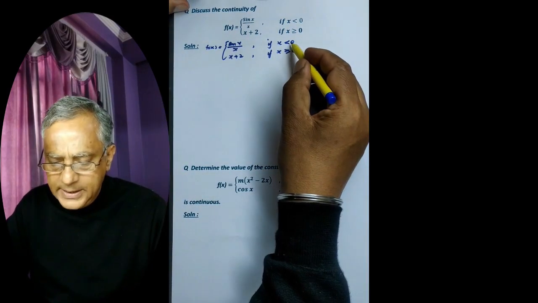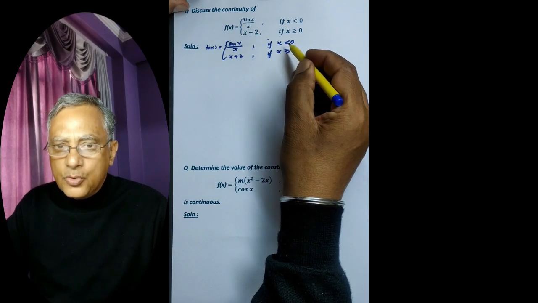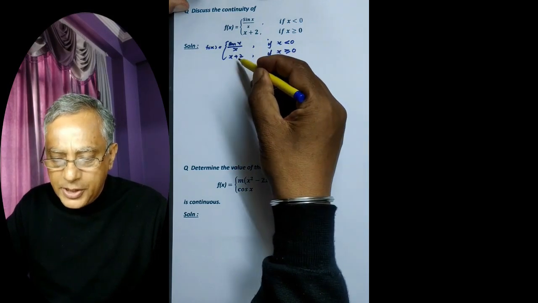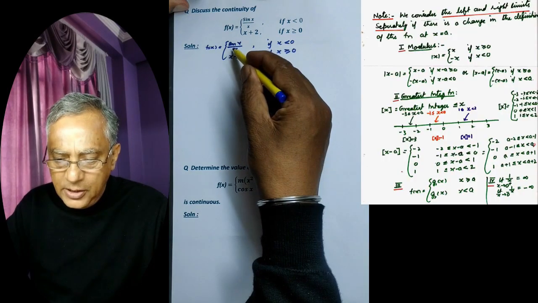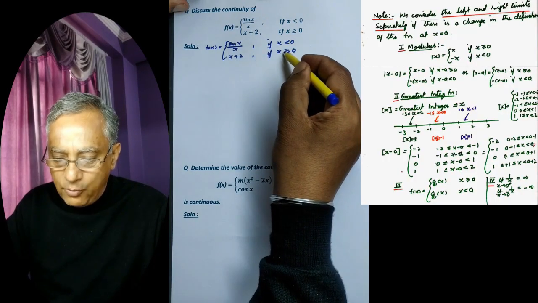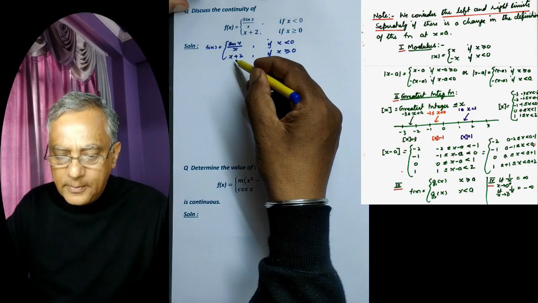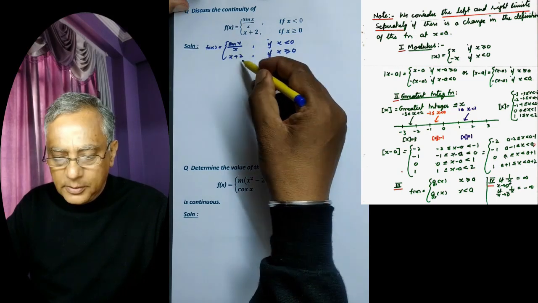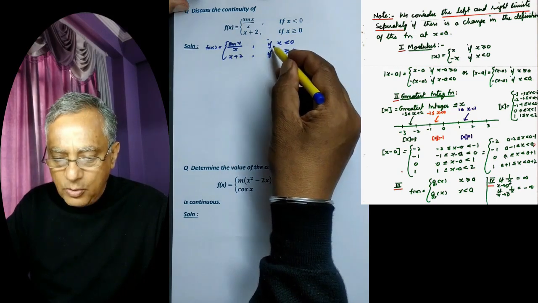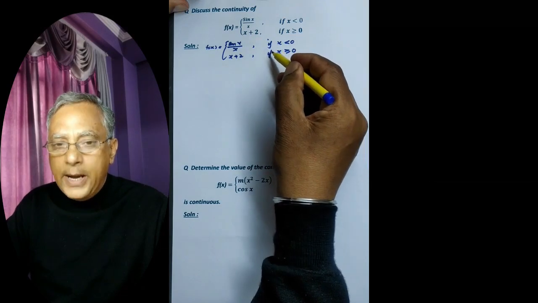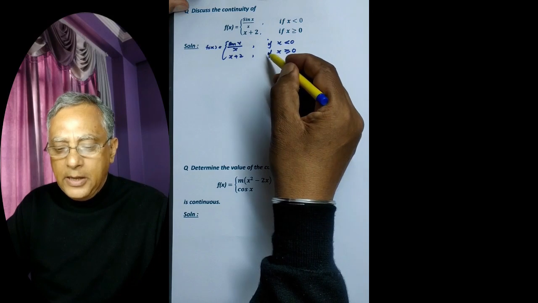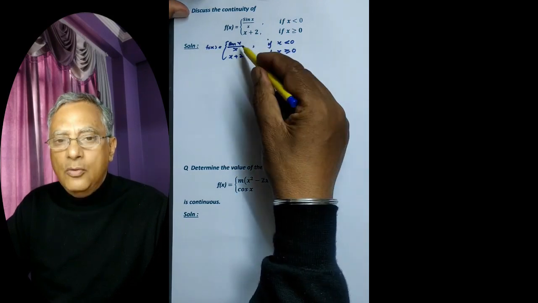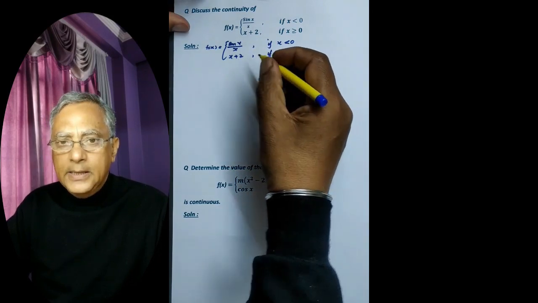What we notice, at x equal to 0, this function has two different definitions. For x less than 0, the definition is this, and for x greater than 0, the definition is this. Therefore, for x equal to 0, we will have to find left and right limits separately. At all other points, we can directly find the limits.